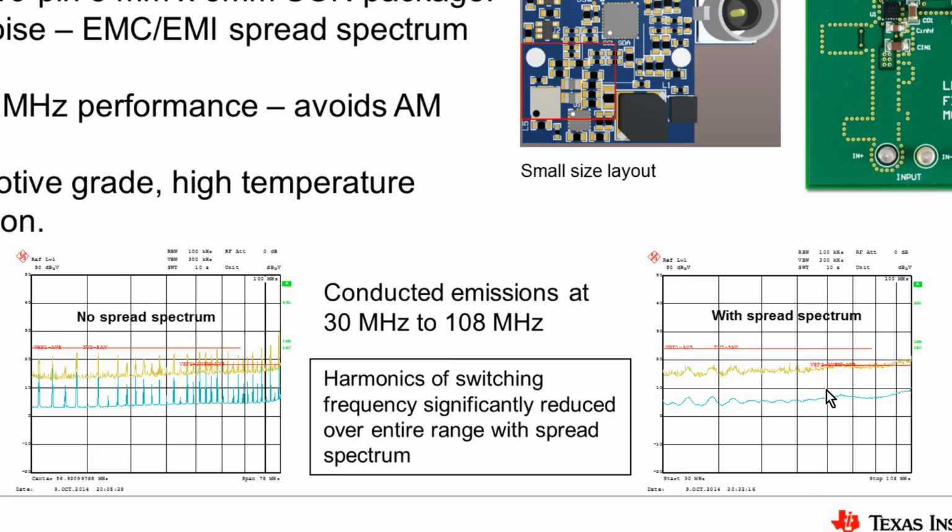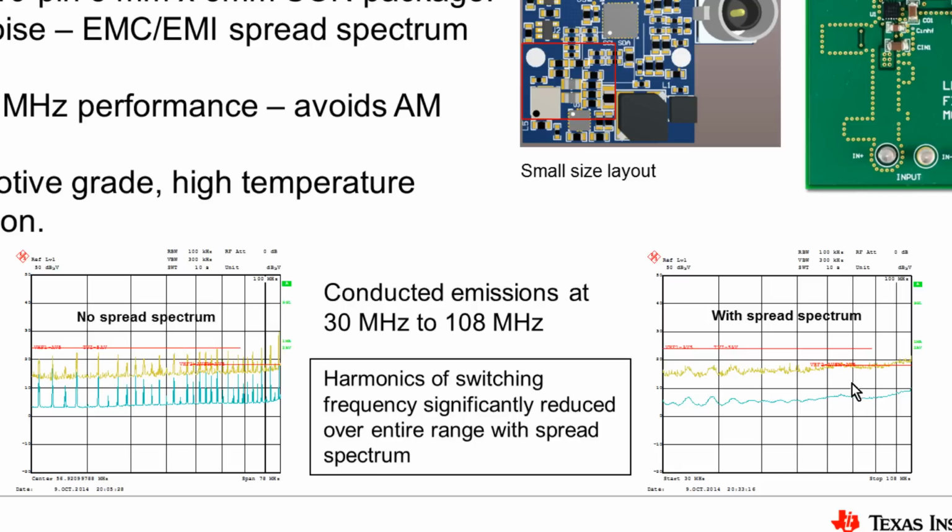You can see the results of conducted EMI performance of PMP10653 with SPET spectrum and without the SPET spectrum. In the design with SPET spectrum, you can see the smoothing of the peak, particularly at the higher frequency, and thereby it complies with CISPR 25 class 5 regulation.